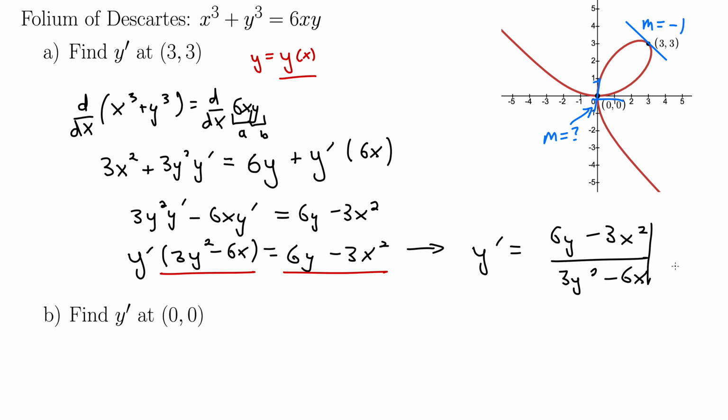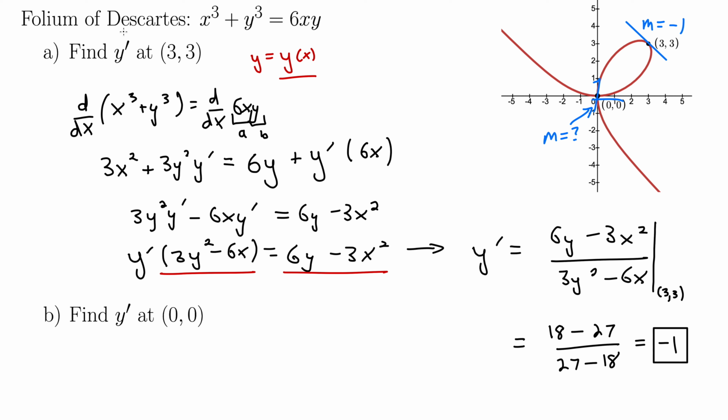We want to evaluate this at the point (3, 3). So that vertical line there is a way of stating that. Well, plugging in 3 for x and y gives us, let's see, 6 times 3 is 18 minus 27, over 3y squared, which would be 27, minus 18. Indeed, -1, as we expected.